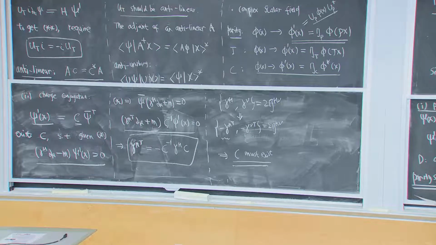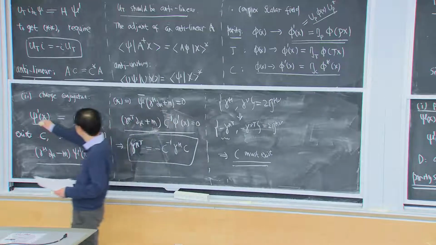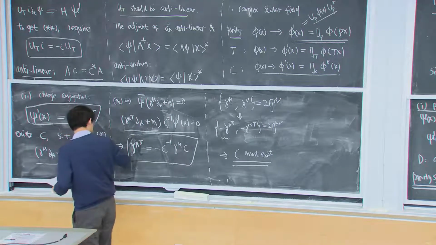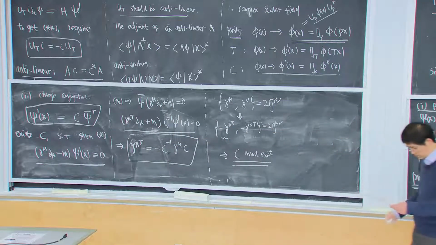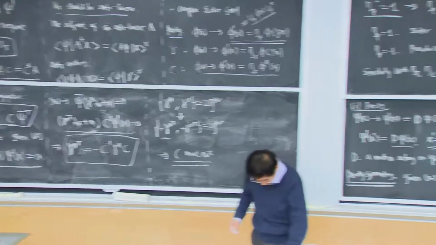And this is the transformation for charge conjugation, with C satisfying this condition. Are there any questions on this? Okay, good. And then we talk about time reversal.